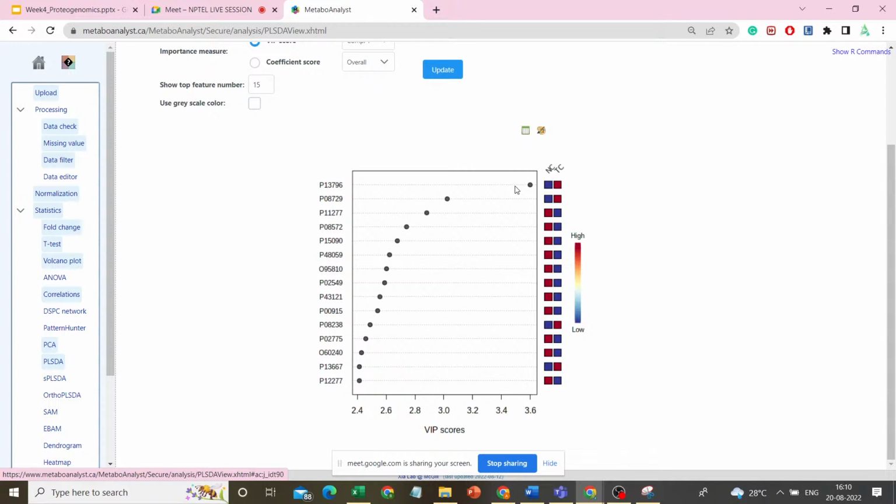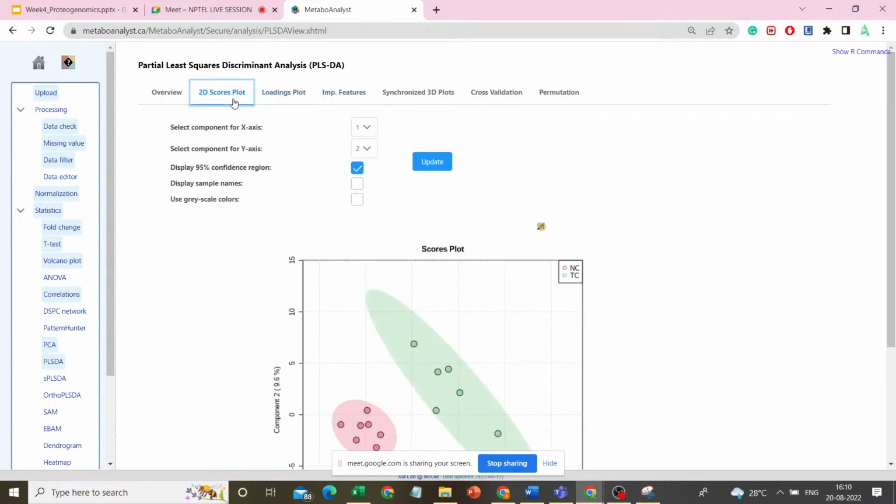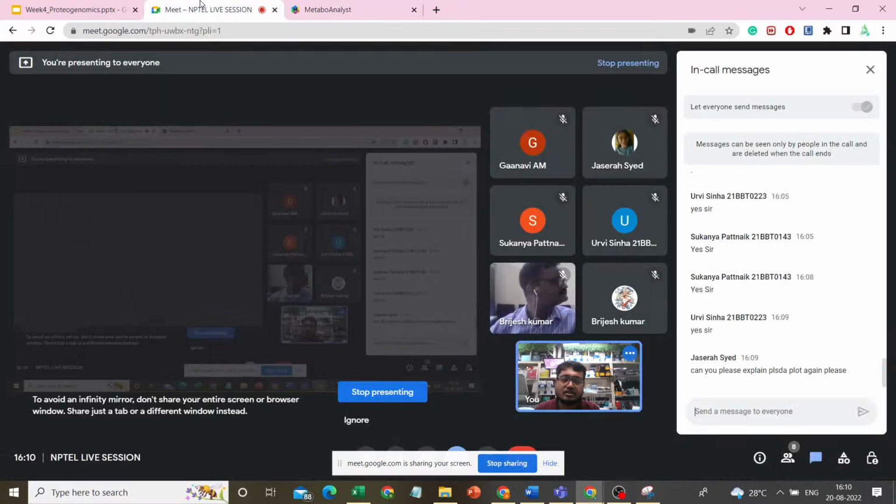So these are the interesting, differentiating proteins, and that's why we can see two different cohorts, two different clusters, in this plot.